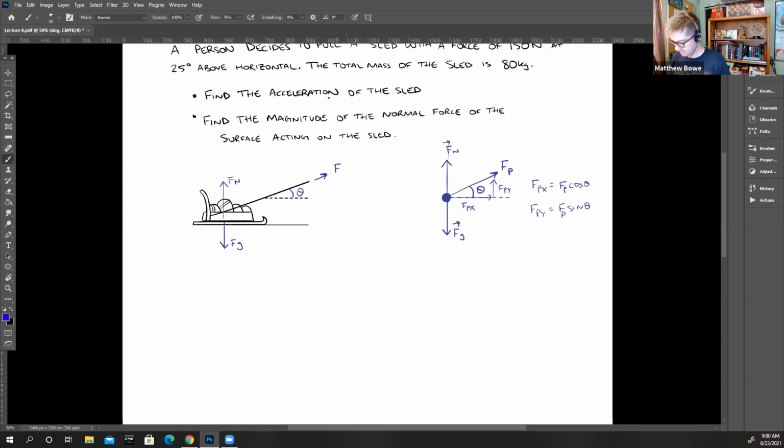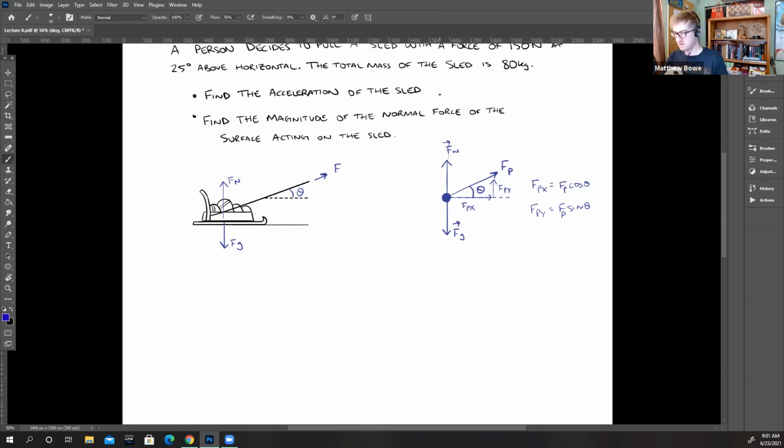Okay, we want to find the acceleration of the sled. Let's look at the components, and maybe we can find something. So maybe we could reanalyze the question. The acceleration of the sled. It doesn't say that the sled is being propelled through the air.